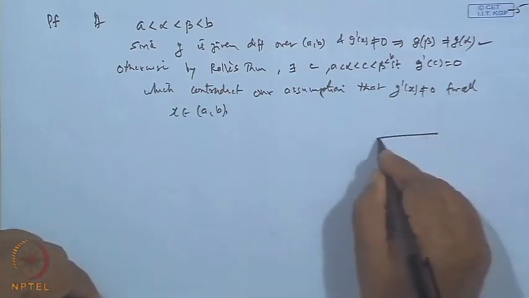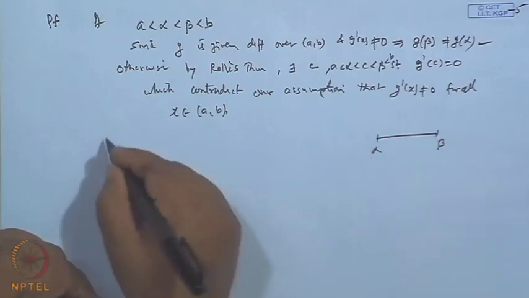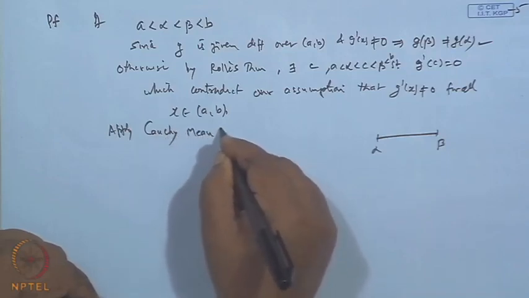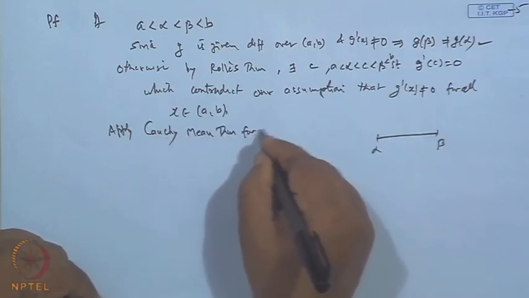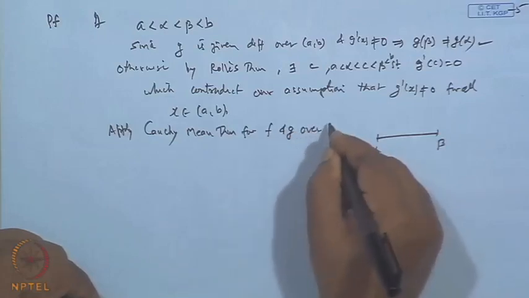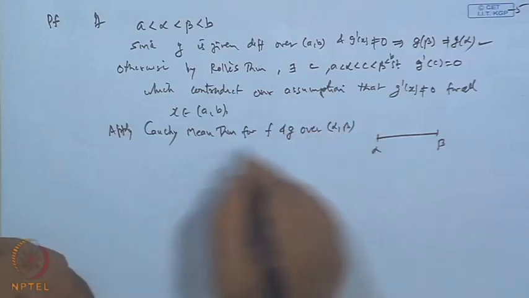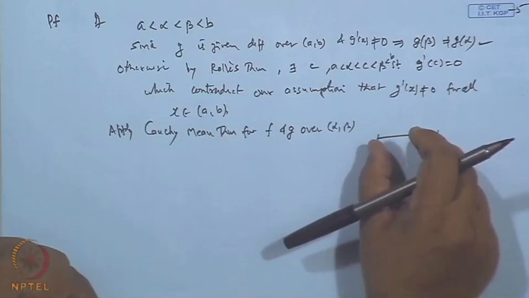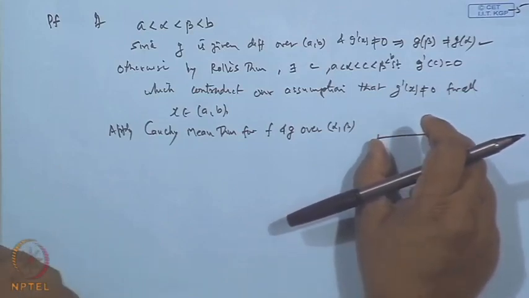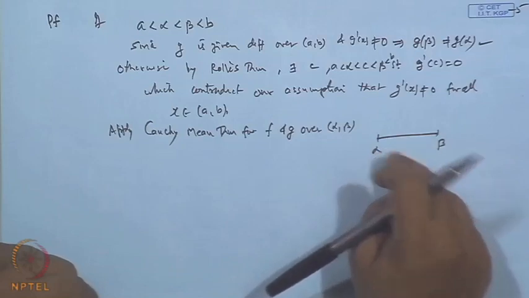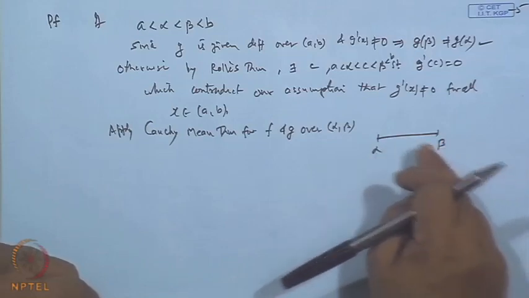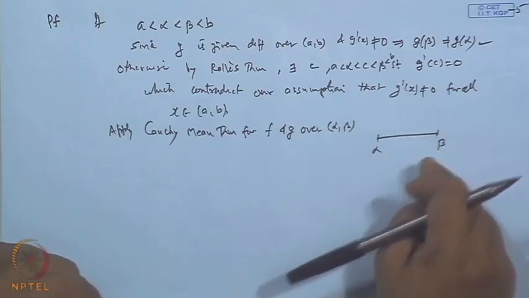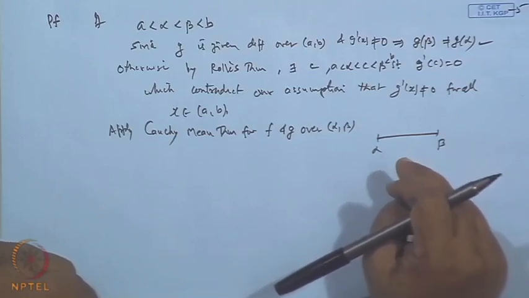Now, take the interval alpha beta and apply the Cauchy mean value theorem for the functions f and g over the interval alpha beta. What the mean value theorem says is, if f and g are both continuous over the closed interval [alpha, beta] and differentiable on the open interval (alpha, beta), then (f beta minus f alpha) divided by (g beta minus g alpha) is equal to f prime u divided by g prime u for some u lying between alpha and beta.